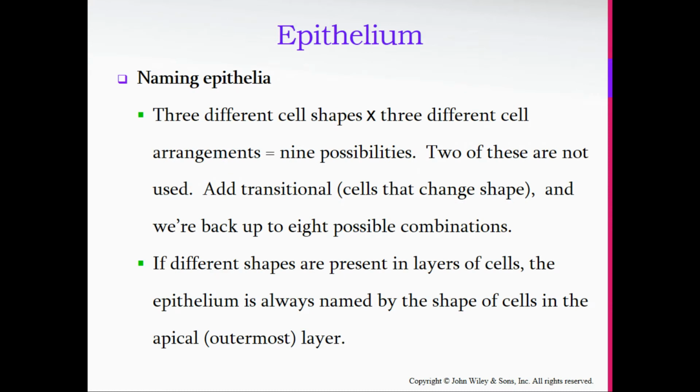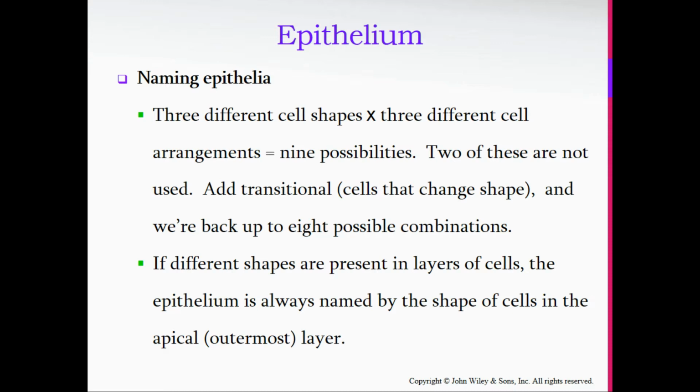The three different cell shapes times three different cell arrangements would equal 9 possible combinations. But in reality, there are 2 of those that are not used, and we'll talk about that a little later. They're just not found in the body.